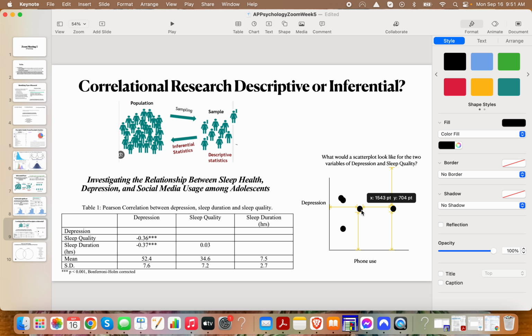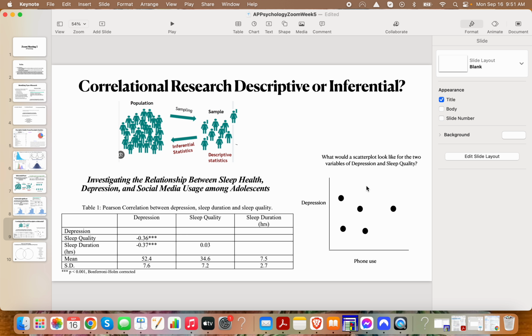Each data point is somebody in my sample, and I'm not manipulating anything. All I did was ask my sample of girls to tell me how depressed they were and how much phone use they had. I manipulated nothing. Nothing has changed. So this is correlational research and it's descriptive.